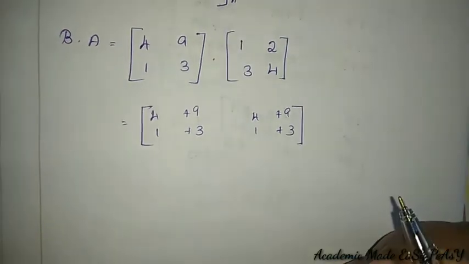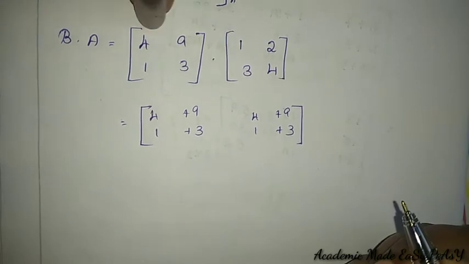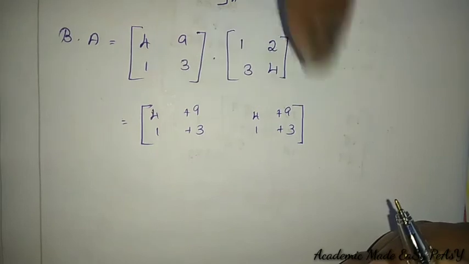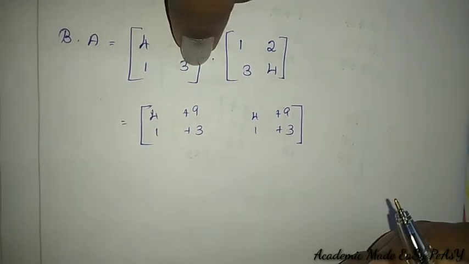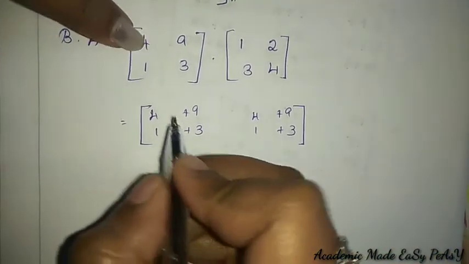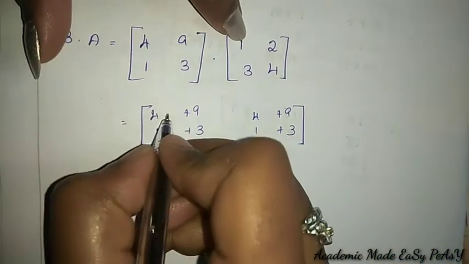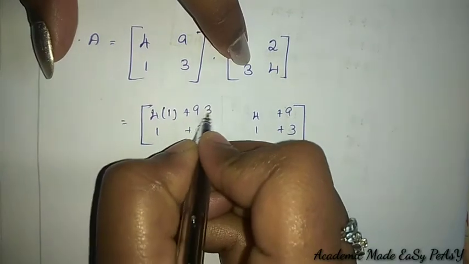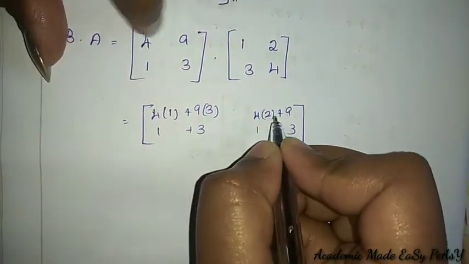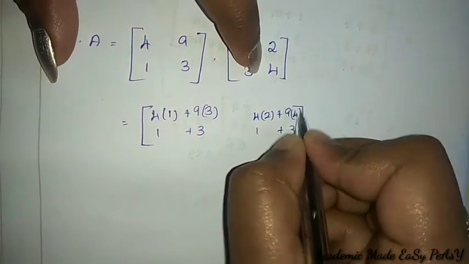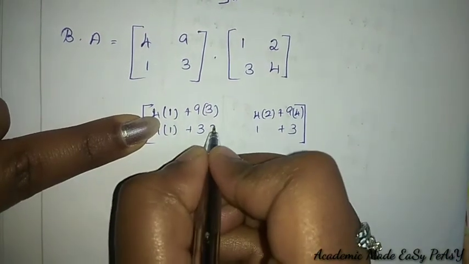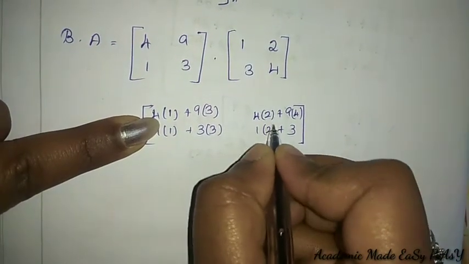So now what is the condition? I have to multiply the first row with the first column and first row with the second column, second row with first column, second row with second column. So I will be going for first row and first column. So 1, 3. So here 4 into 2, 9 into 4. So now directly I can write, no? So 1, 3, 2, 4.